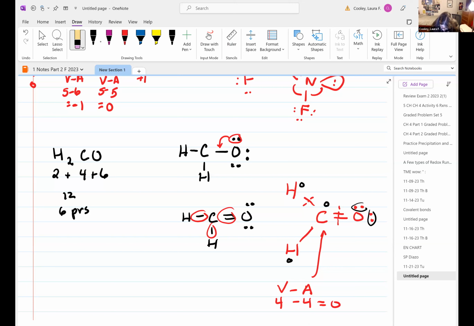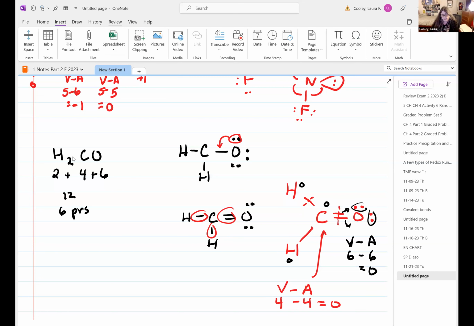I copied it wrong. See, someone could have got a gotcha there. 2, 4, and then 1 of each of these. That's 6. Valence minus actual is 6 minus 6, or 0. Now is the time to ask if you don't understand how I'm doing this formal charge calculation. Because you're going to have to do it on your own without me at some point.